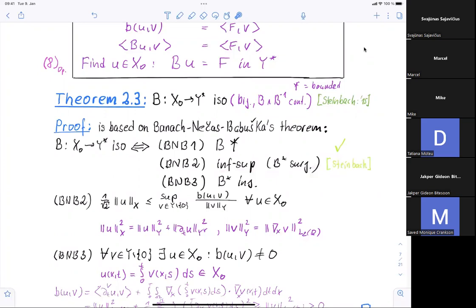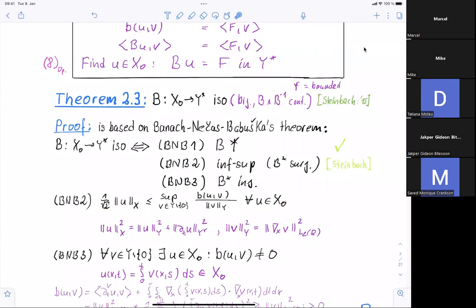So we can estimate the supremum over the test function from below by the norm of u in x with a positive constant for all u. The norm in x is the norm of u in y, and the norm of the derivative in y star. And the norm in y is nothing else than the L2 norm of a gradient.